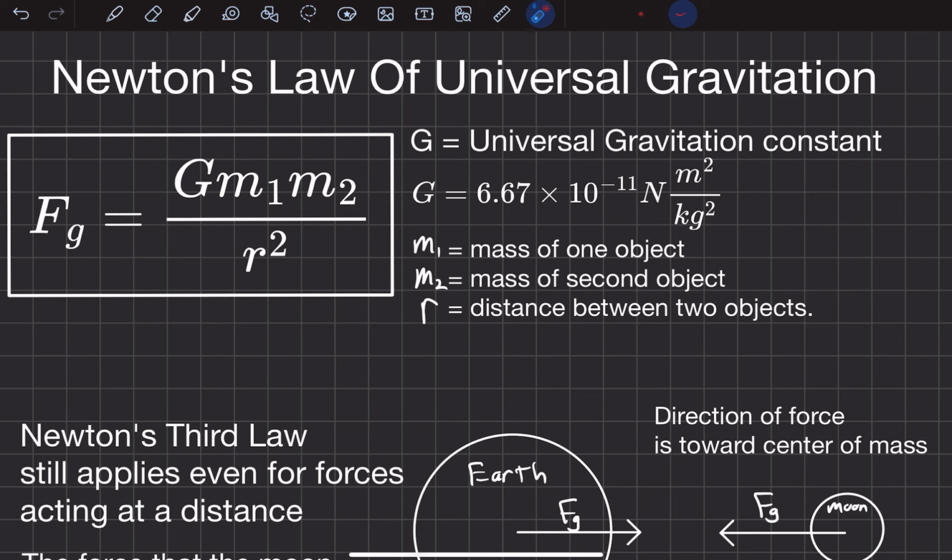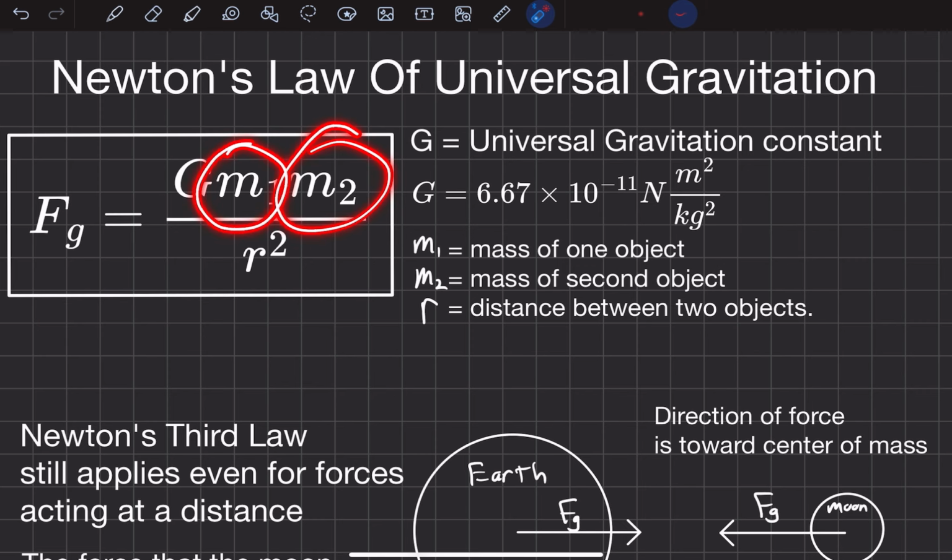Turns out that the force of gravity depends not only on the mass of one object, but the mass of the other object as well. This explains why the same person standing on the Earth and standing on the moon would weigh different amounts, because weight is actually just the force of gravity acting on a person.